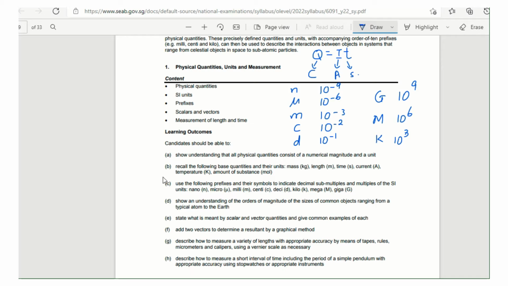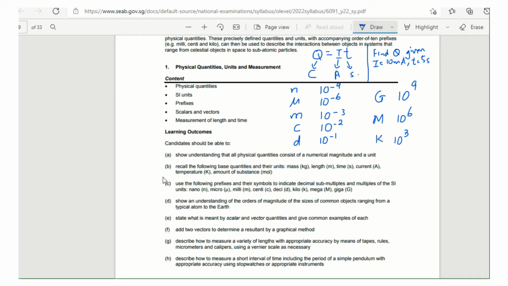So what if the question asks me to find charge given I is equal to 10 milliampere and T is equal to 5 seconds?